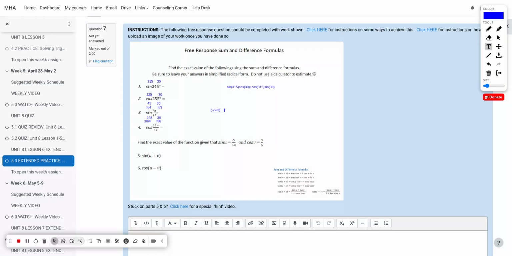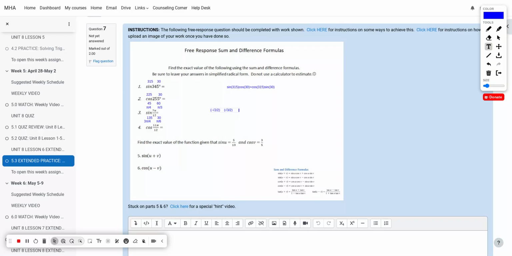for sine of 315. Cosine of 30, it being the x value, I get the square root of 3 over 2.